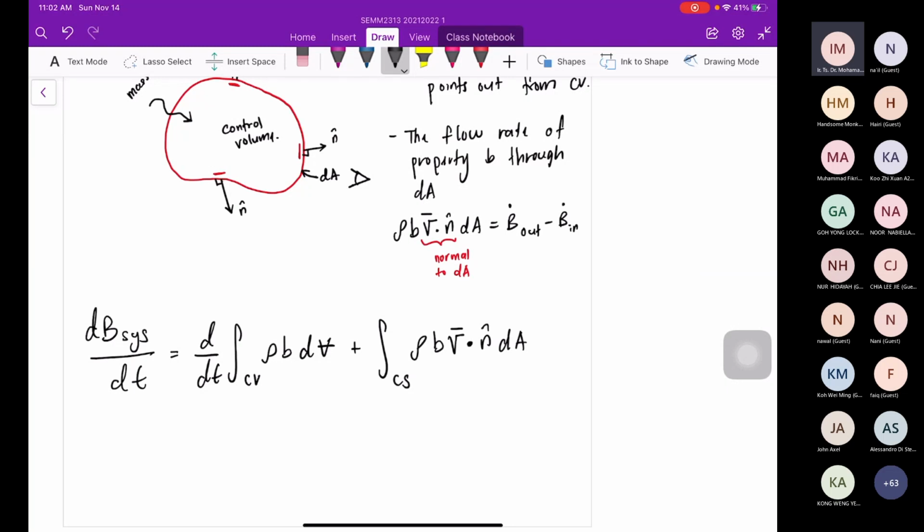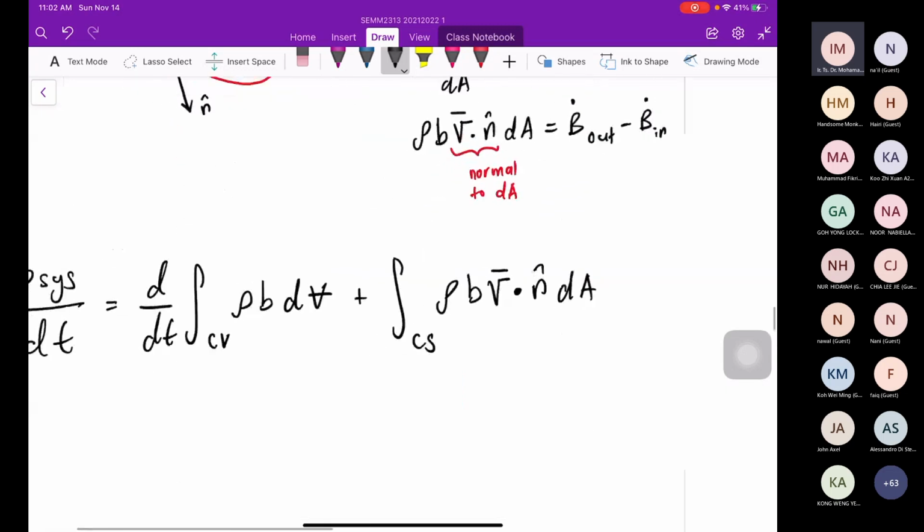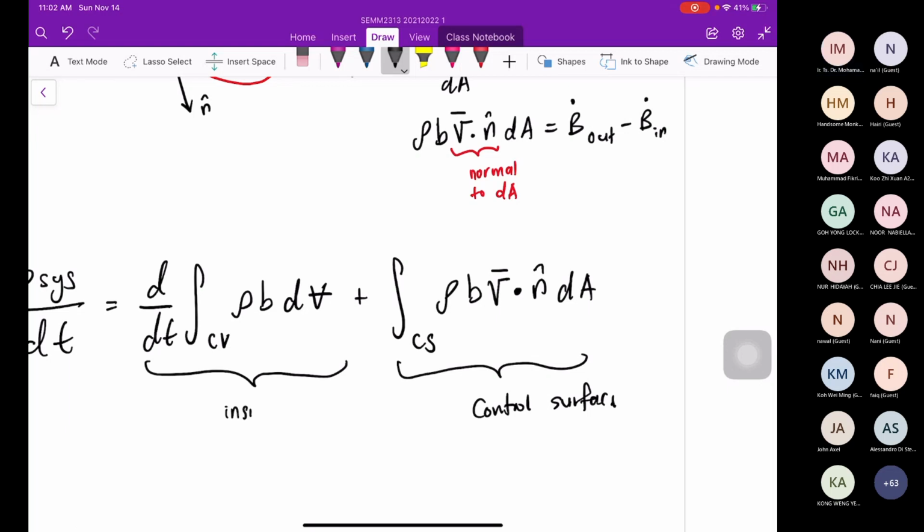So for the change in the control surface, we are looking at any property or quantity that crosses in and out of the control volume. This refers to the control surface. And this refers to inside the control volume.